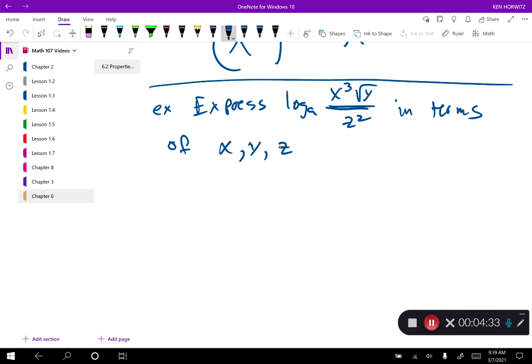Meaning x, y, and z with no powers. This also could be written as expand to the first power of your variable.